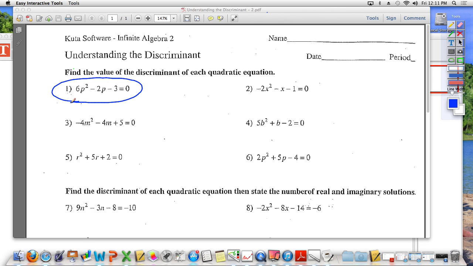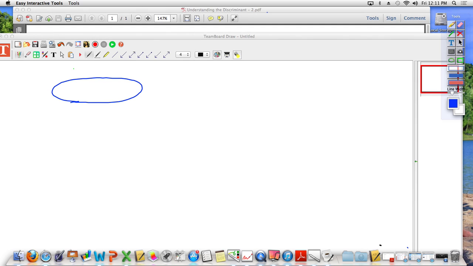What I would like you to do is take that problem and write it in your notes. But let's title our notes the quadratic formula.